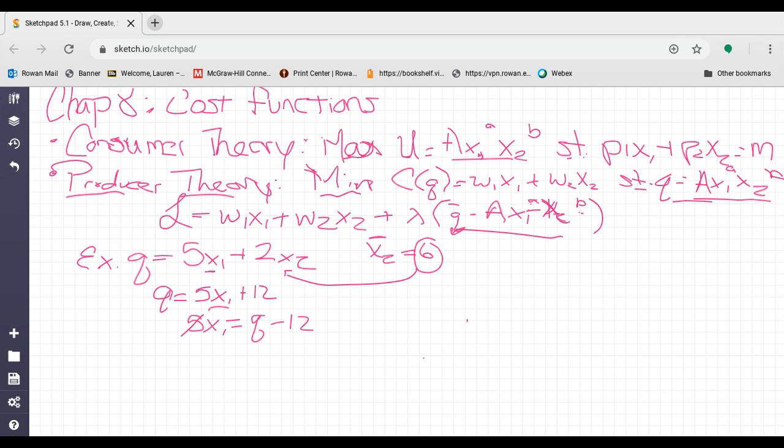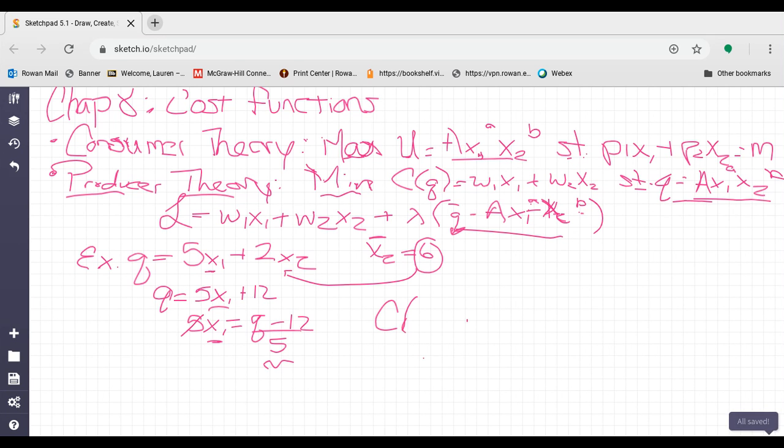And then we want to divide out 5 on both sides. So we have Q minus 12 over 5. This is our conditional demand for x1. Given how much we want to produce, this is the function that tells us how much we're going to use of x1. Now the cost function, we want to put that all together.